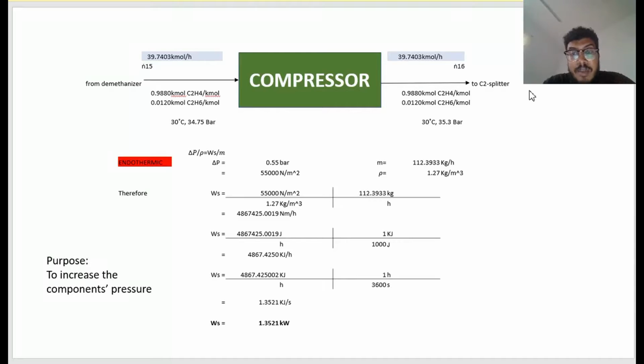And we have the density. Basically the density is the addition of both species. The species are ethylene and ethane. So now we calculate this mathematically.